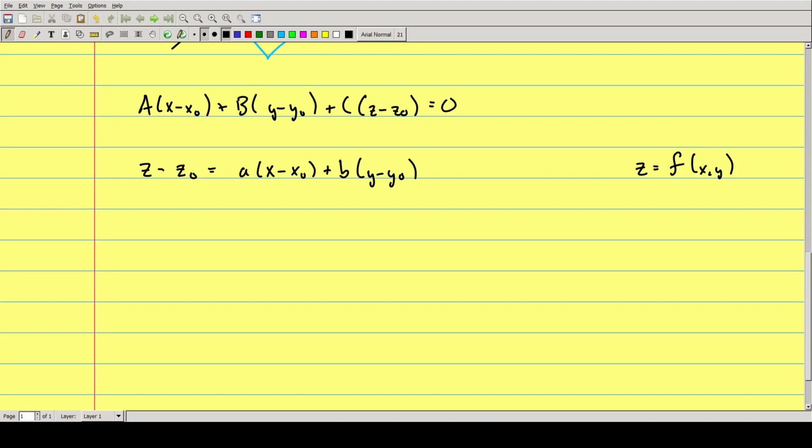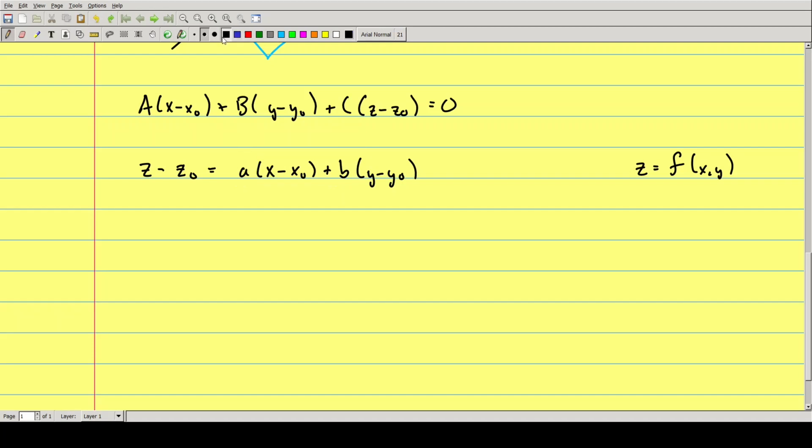Okay. Now, what we gain from this is that in order to know the equation of the plane, we need 2 pieces of information, okay? Well, 3. We need to know a point on the plane, and we also need to know the values of these constants a and b, okay?